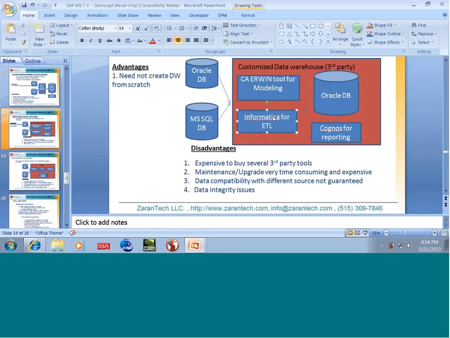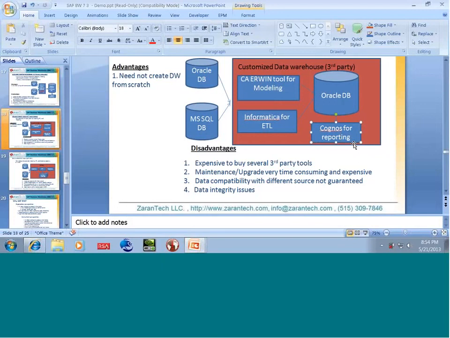So these tools, though they are available in the market, it is not guaranteed that all of them can provide compatibility and talk to all the possible sources available in the market and be able to bring in data. So there could be some limitation with data compatibility.